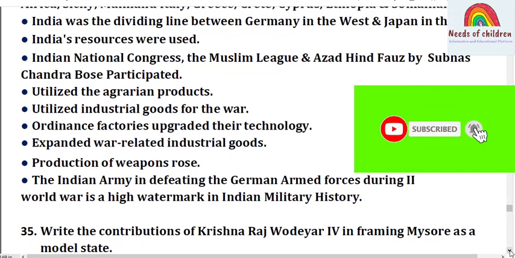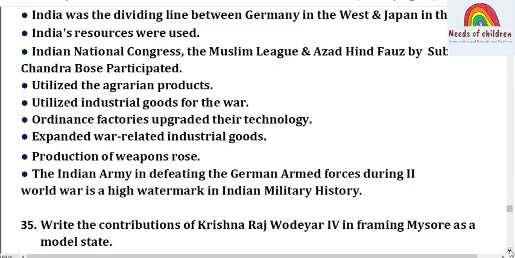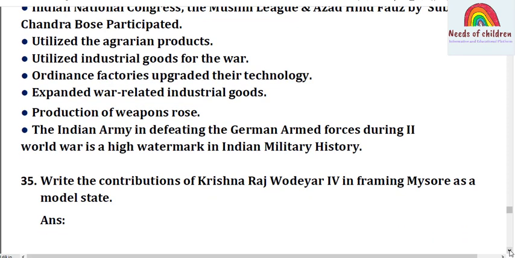The Indian Army's role in defeating the German armed forces during the Second World War is a high watermark in Indian military history. Okay, this is about history. First choice, first and second question. Okay, let's move on to the second one.